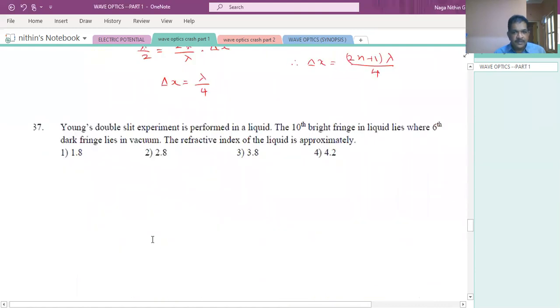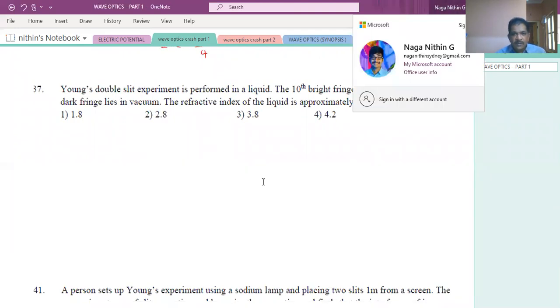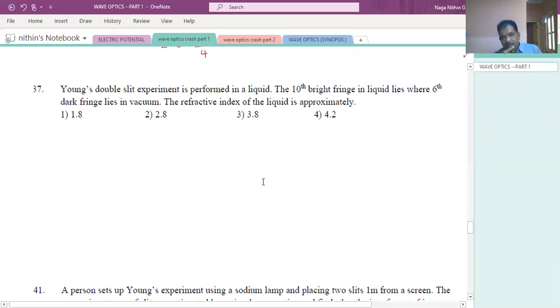See the next question. Young's double slit experiment is performed in light. The 10th bright fringe in a liquid lies where the 6th dark fringe lies in vacuum. The refractive index of the liquid will be approximately how much, they are asking. So what is the question?